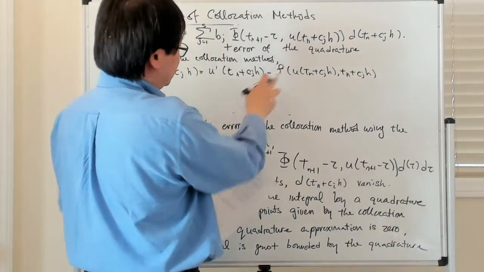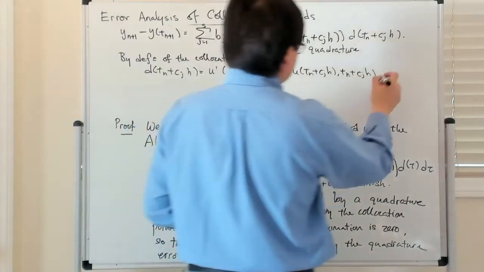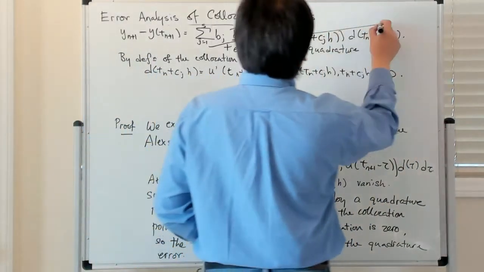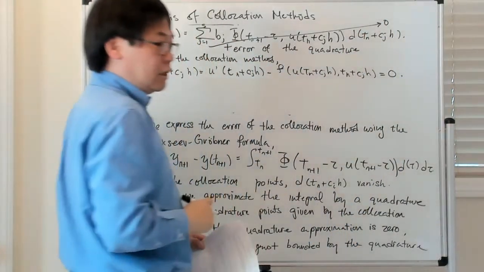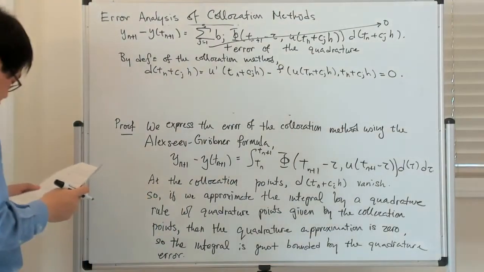Again, by definition, u satisfies the differential equation at the collocation points, so this is 0. That means this quadrature approximation of the integral vanishes, and you're just left with the error of the quadrature.